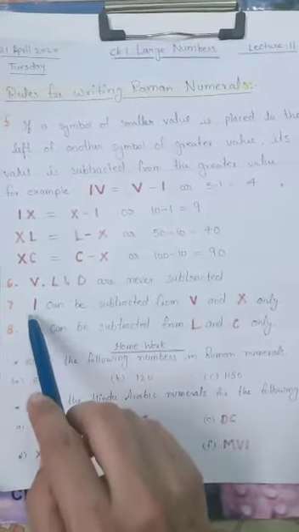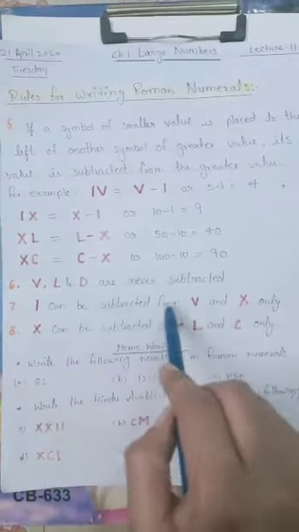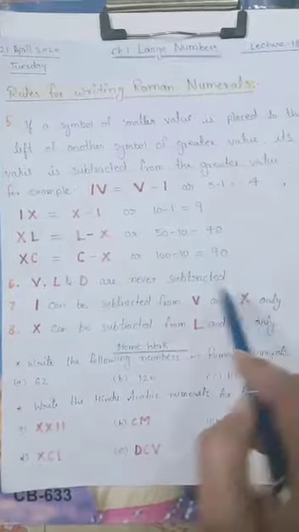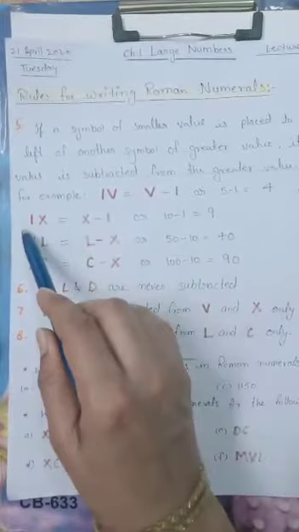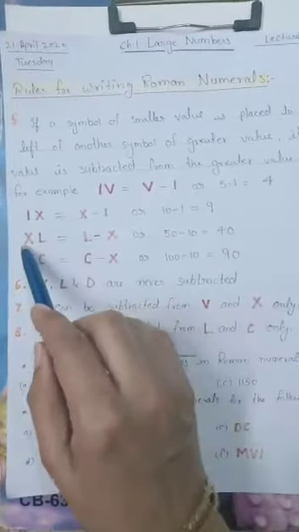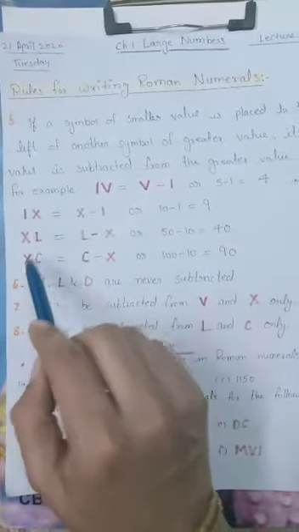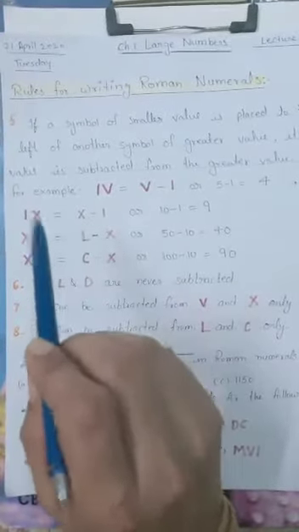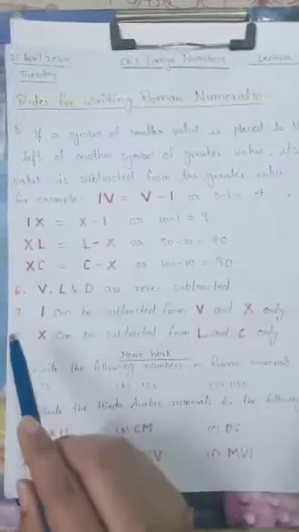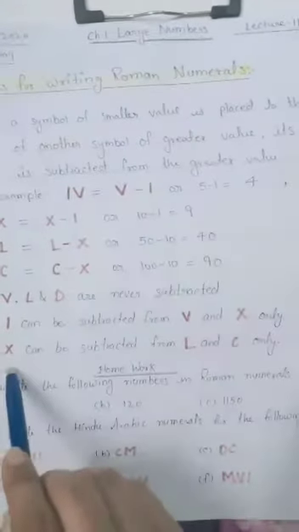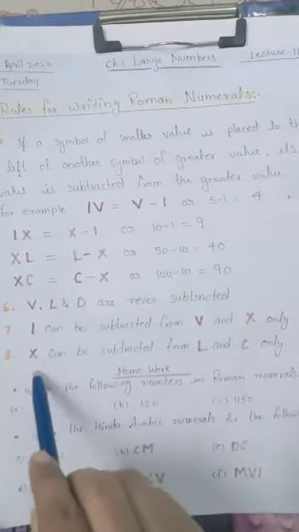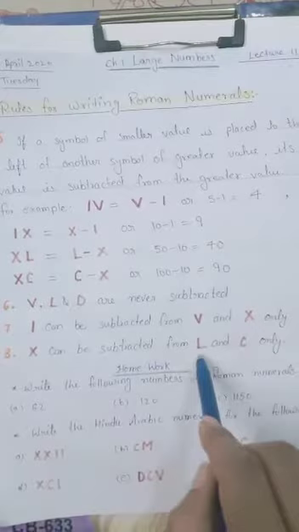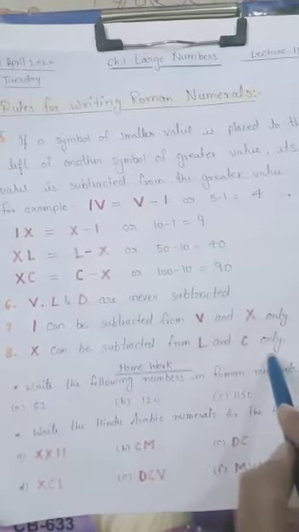Now rule number 7. What does it say? I can be subtracted from V and X only. Means we can write I only before V or before X. Before L we cannot write I, and before C we also cannot write I. Note it down. Now rule number 8: X can be subtracted from L and C only. X means 10 can be subtracted from L, meaning 50, and C, meaning 100, only.